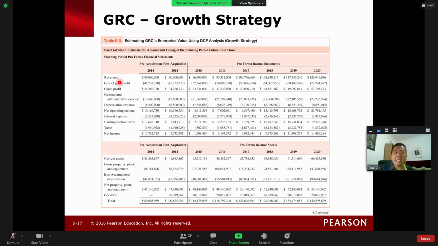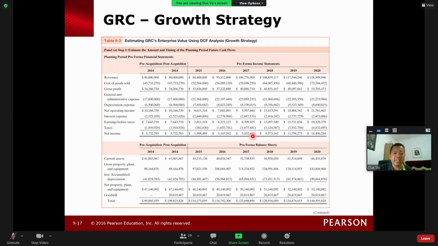For example, if I assume that in 2015 revenue increased by 5%, that is my number. But if someone assumes that in 2015 revenue increased by 10%, the number will be different. And when my pro forma income statement and balance sheet are different, all the free cash flow will be different. And when the free cash flow is different, my valuation will be different.